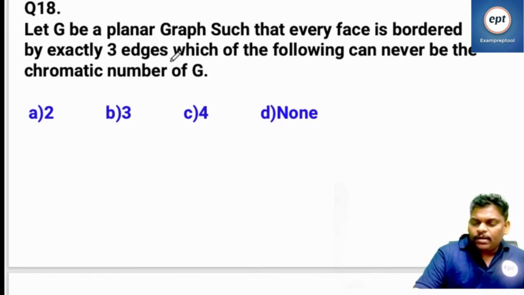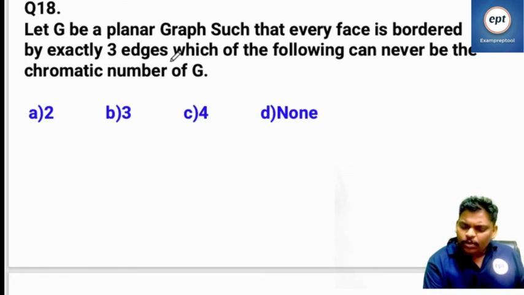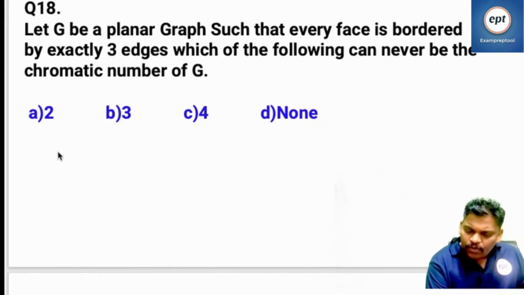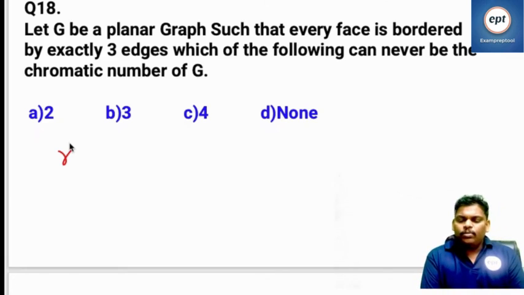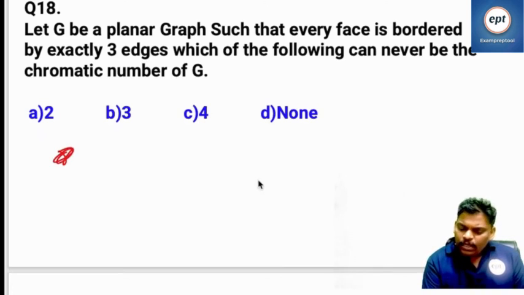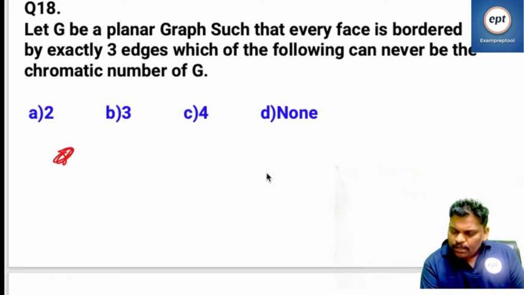Let G be a planar graph such that every face is bordered by exactly 3 edges. Can you hear me now? Degree of every region, how much? Planar graph only, every face is bordered by exactly 3 edges. Every face means every region.